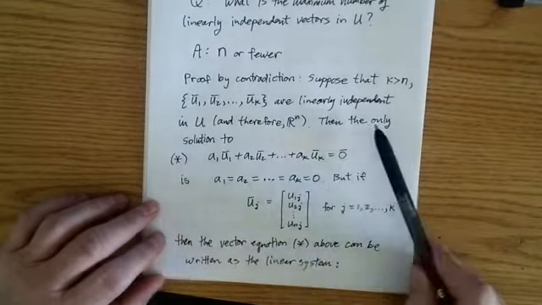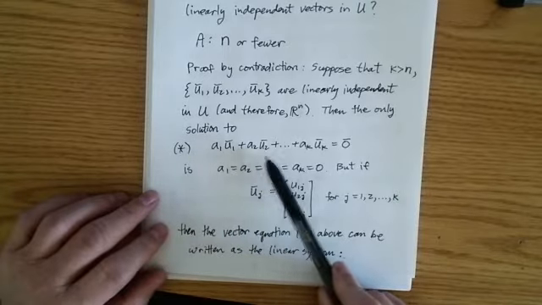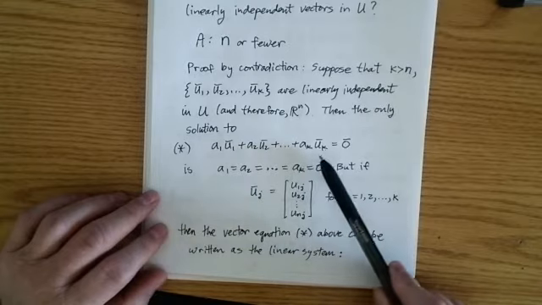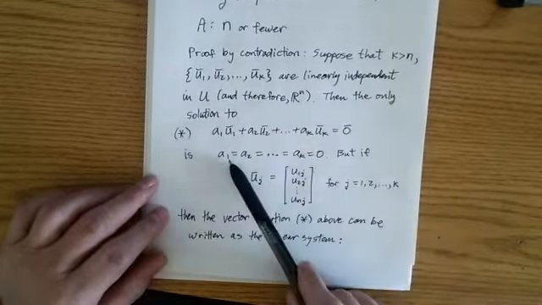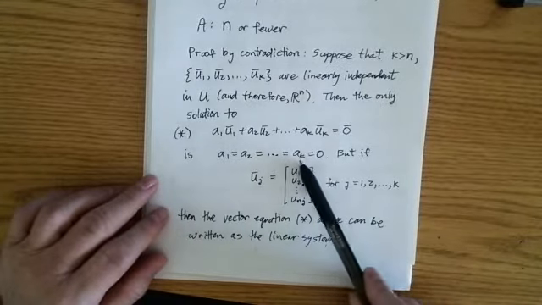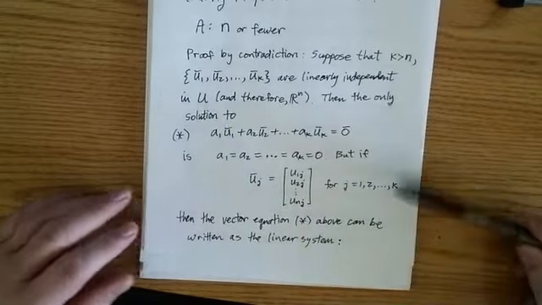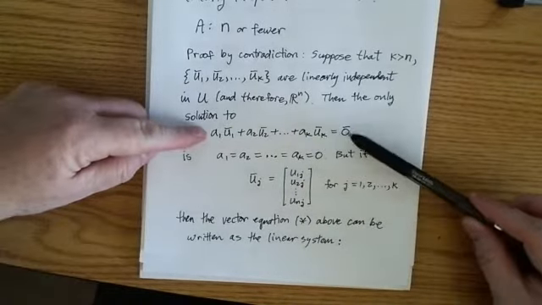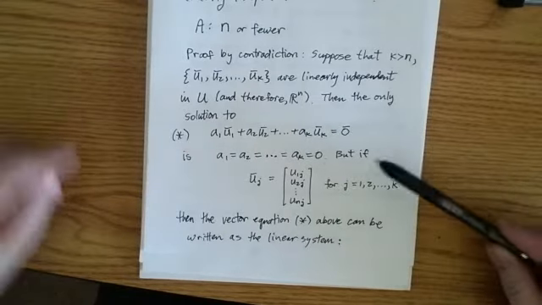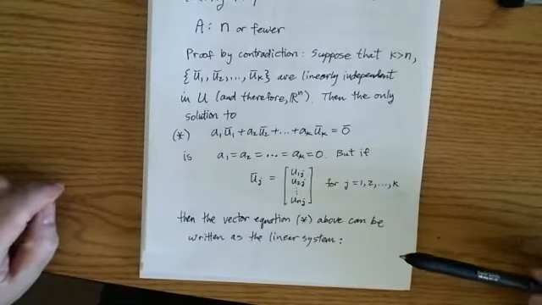That would mean that the only solution to this vector equation, a sub 1 u1 plus a sub 2 u2 plus a sub k u sub k equals the zero vector, is what? All the constants would have to be zero, right? a1 through ak would have to be zero. In other words, the only linear combination of u1 through uk which yields the zero vector would be the zero coefficients, okay?